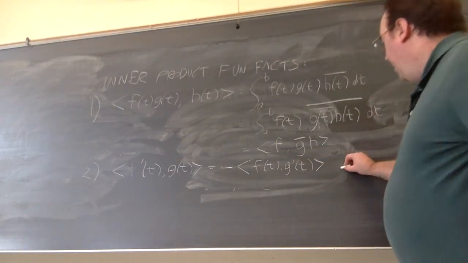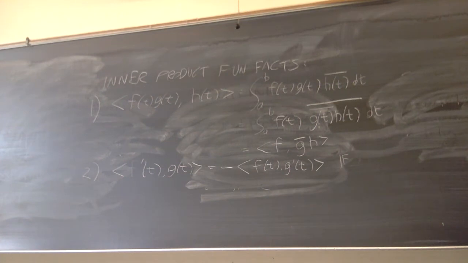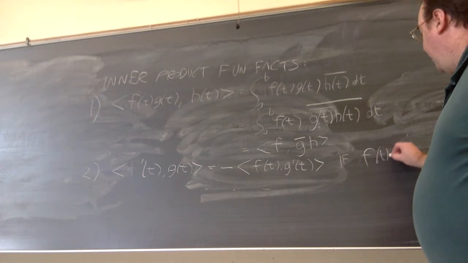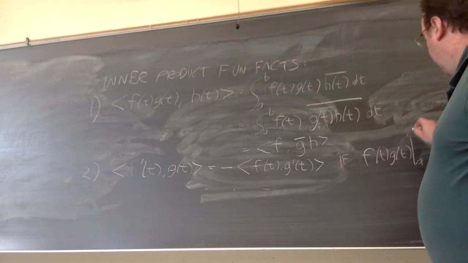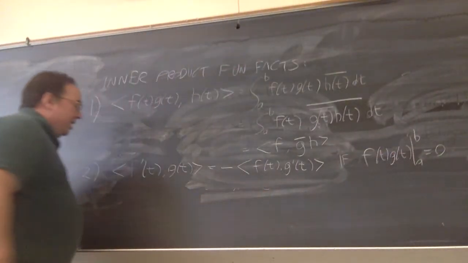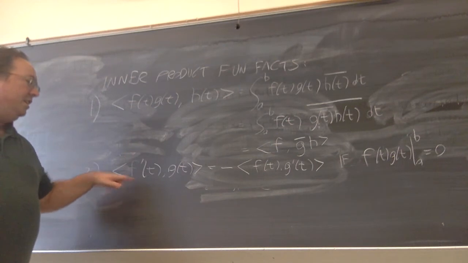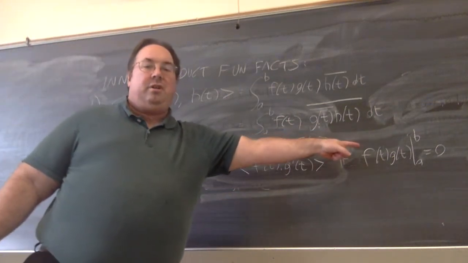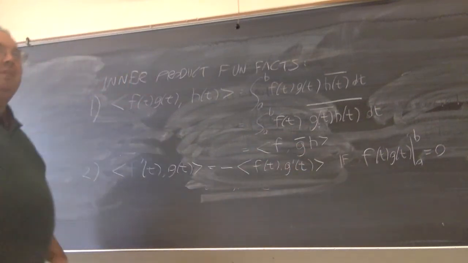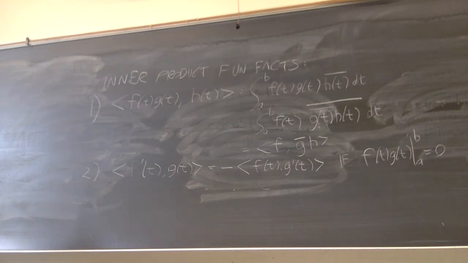Provided that f of t g of t with limits a and b is 0. In other words, the boundary terms from integration by parts end up going away. So really, this is literally the integral of u dv equals that, which is 0, minus the integral of v du.